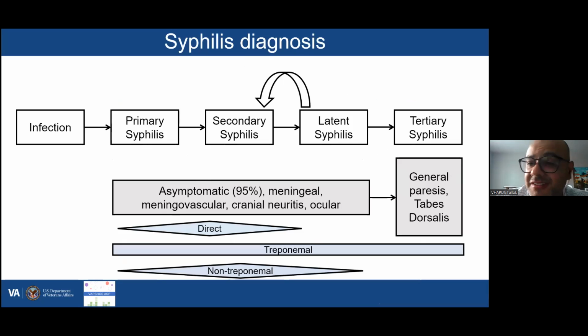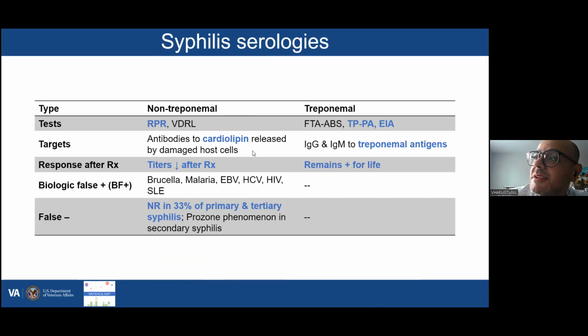how to diagnose it. There's essentially 3 ways: direct microscopy, which a lot of folks don't use anymore, and 2 types of serologies. There is non-treponemal serologies, your RPR, your VDRL. These are antibodies against cardiolipin released by the host cells that are damaged by syphilis.